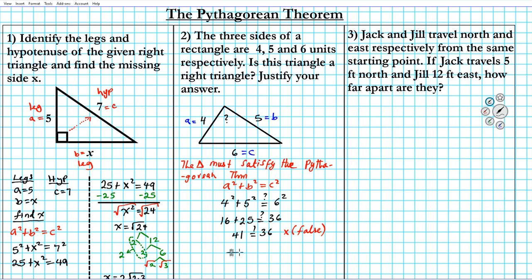Okay, so our conclusion is as follows. Conclusion: the triangle is not a right triangle. Why?